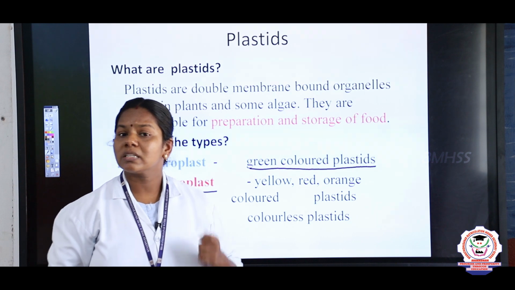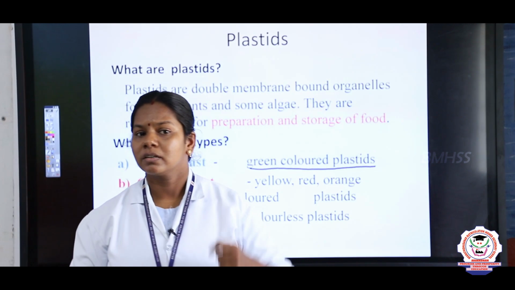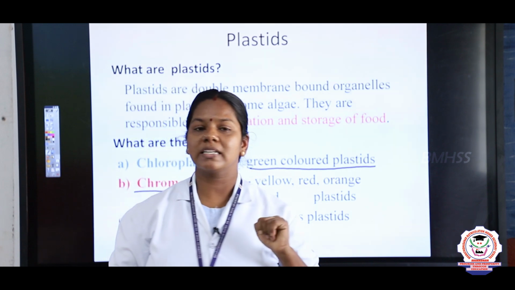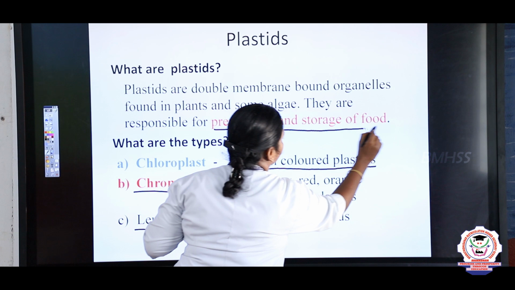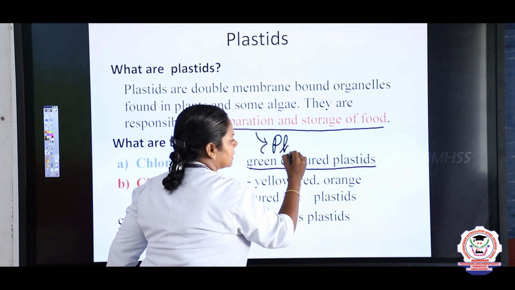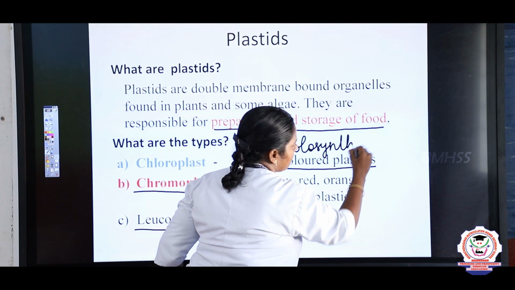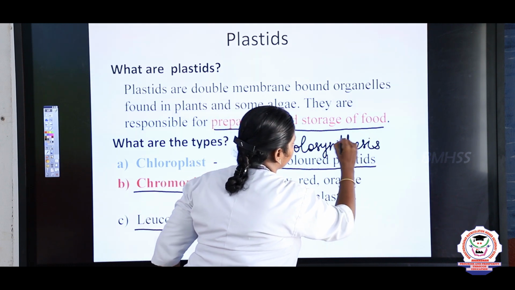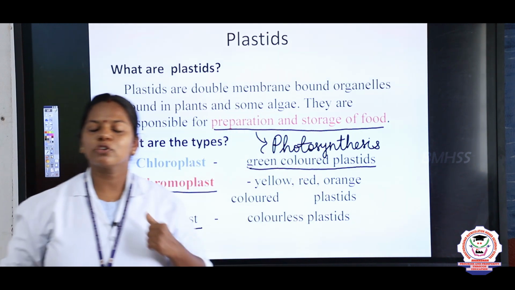So from this I will ask you a question, children. What is the process of preparation of food called? Yes, Sneha, very good. The answer is photosynthesis. The preparation and storage of food is by the process of photosynthesis. And Arun, I will ask you one more question.